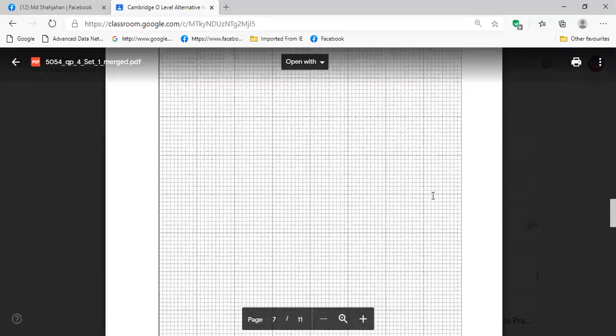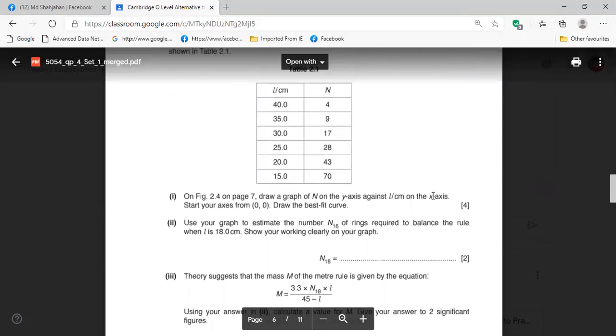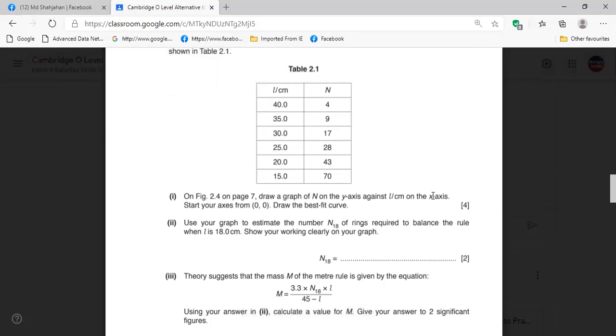How to draw the graph? You see, our readings are given here. So L will be on the x-axis. The range of L is from 0. They are saying to start the axis from 0, 0. So the range is from 0 to 40, right?